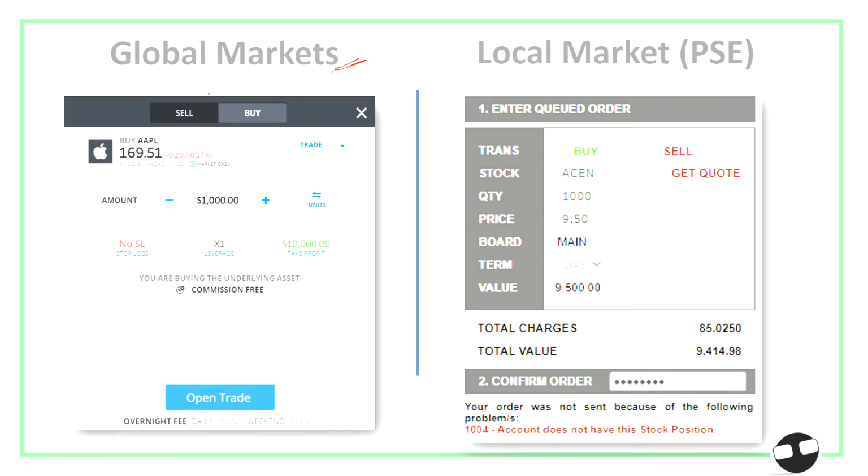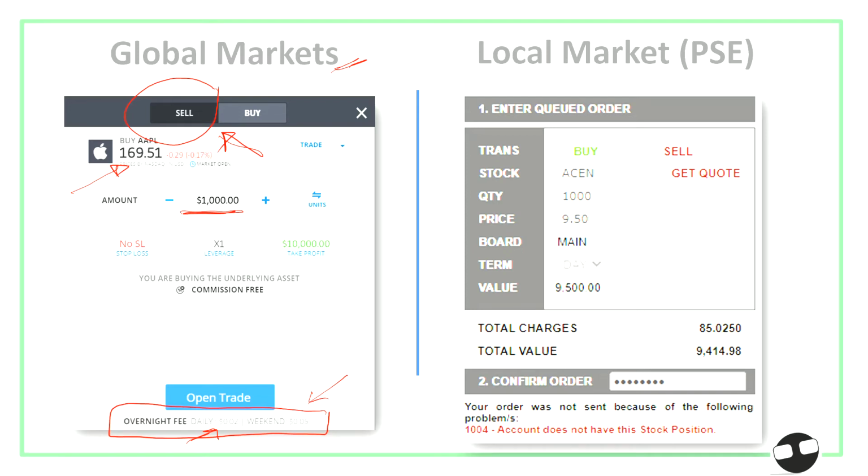So let's go back here to the global market setup. This time, let's click on sell and the price is 169. Your trade position or size is actually $1,000. Now try to note this one: you have now a daily charge or fee and a weekend fee. Why is that? It's because when you sell the asset, it means that you're borrowing the asset from your broker.